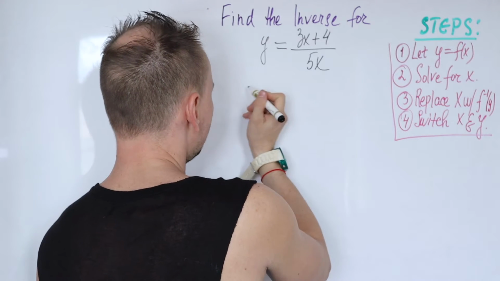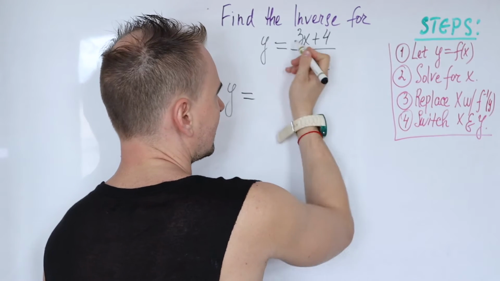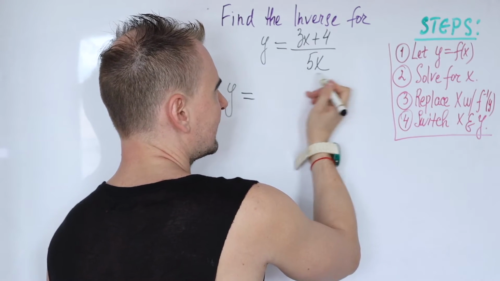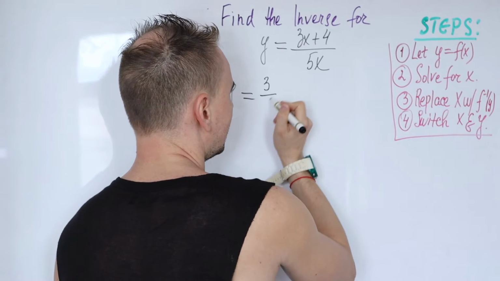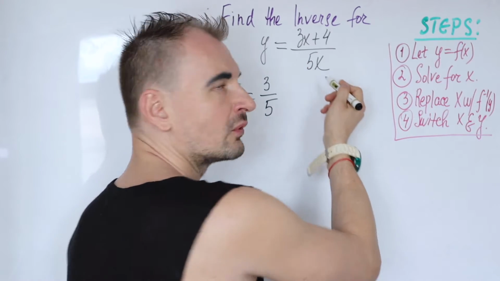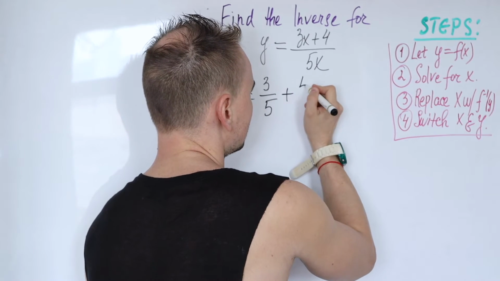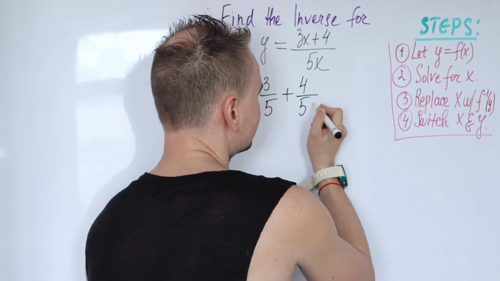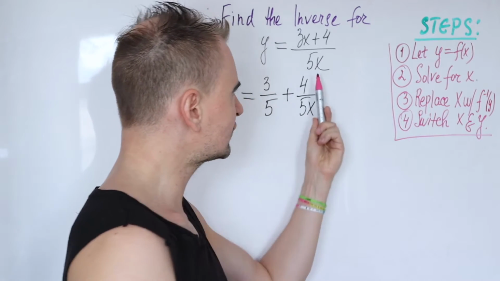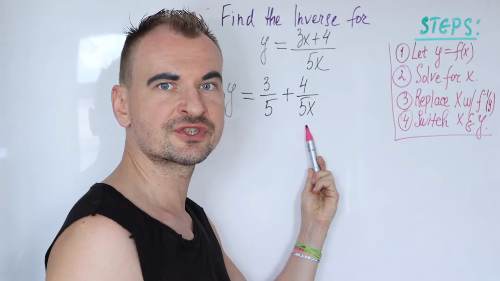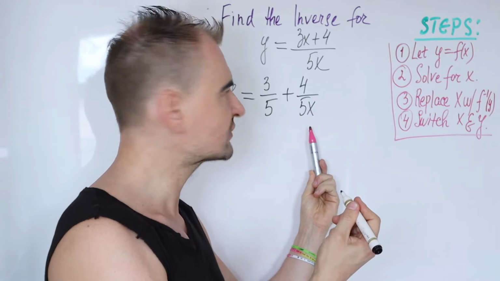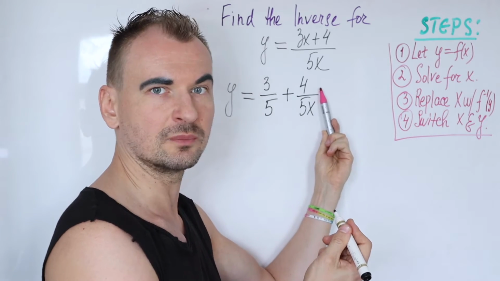So just divide through. You would be left with 3 over 5, since x over x cancel each other out, plus 4 over 5x. Just make sure that your x goes into the denominator, so it doesn't go on top, it goes on bottom.